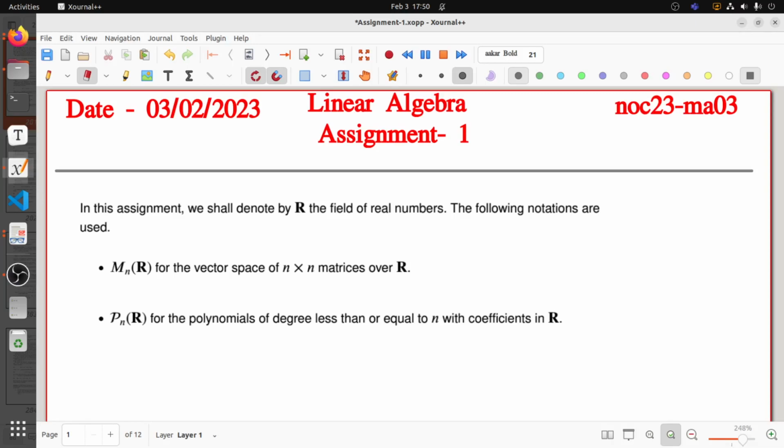Can you see the question, assignment 1? Okay, so this is assignment 1 for linear algebra.